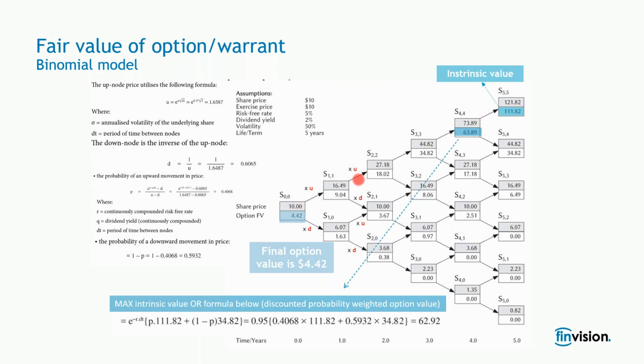We'll go back. So first we go up, estimate the share price, estimate the intrinsic value, and then go back again. What is the value of the 63? The 63 is 111 with this probability and 34 with this probability. You come up with 63. Of course, because this is calculated with the same things, this will also be the same, and you will continue.